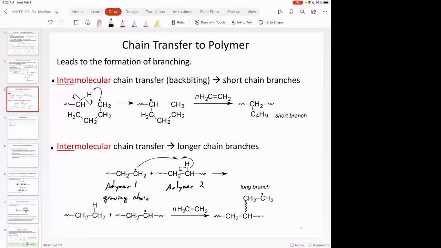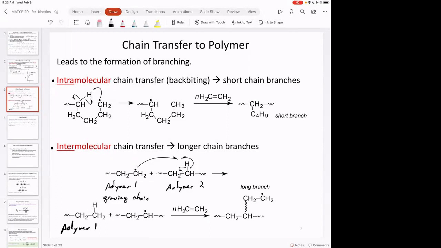And then what happens is that this radical grabs a proton from polymer 2 and you get intermolecular chain transfer where now poly 1, there's no radical on that anymore, right? Because if you take a C dot and add an H dot, because we push one electron up from the single bond and one electron down, you've got 2 electrons between the carbon and hydrogen from the arrow pushing.